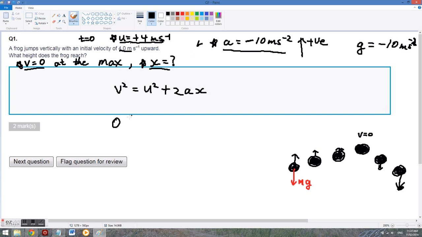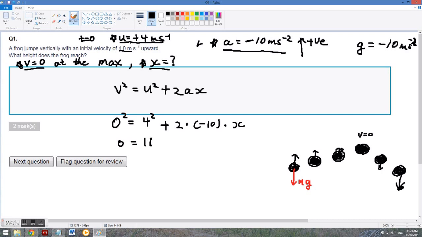v will be 0, u is positive 4, so 0 equals 4 squared plus 2 times minus 10 (acceleration is minus) times x, then we need to find x.